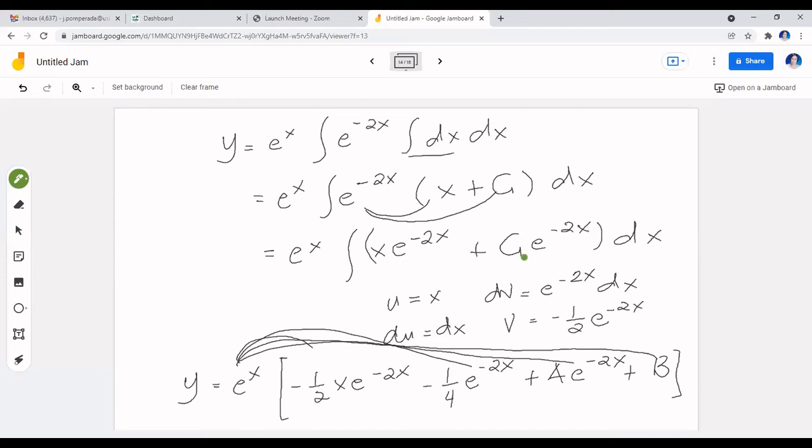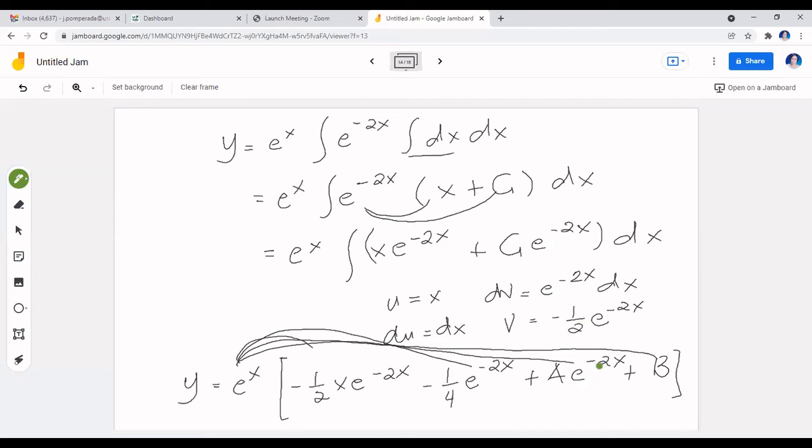But since c sub 1 is a constant but unspecified, and negative 1/2 is another constant, you can combine them into another arbitrary constant. In this case, I represented it as A. Your negative 1/2 c sub 1 is represented as A, another arbitrary constant.